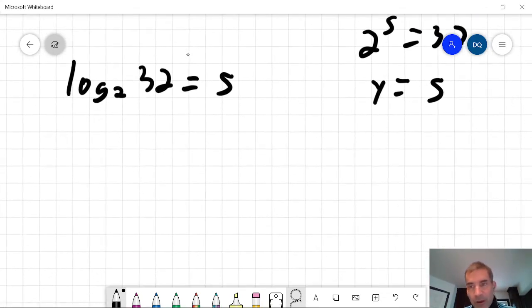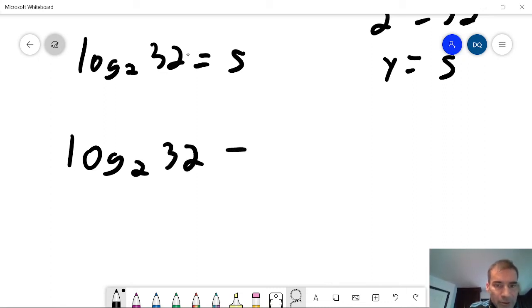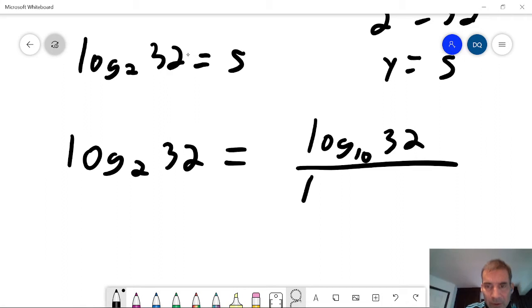So I need what we call the change of base. The base 2 log of 32 is equal to the base 10 log, that's what the calculator gives you, remember, of 32 divided by the base 10 log of 2. This is a specific example of the change of base formula.